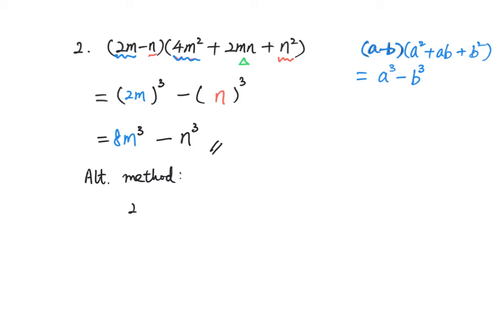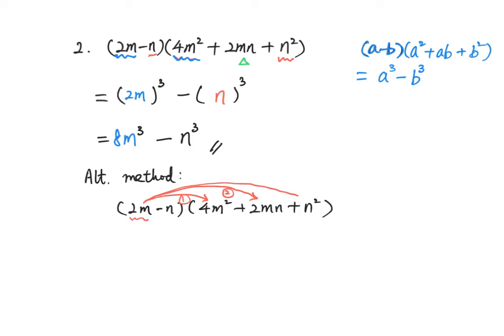So we have (2m − n)(4m² + 2mn + n²). We multiply each term in the first bracket by all the terms in the second bracket. The first term is 2m, multiply 4m². 2m multiply positive 2mn. 2m multiply positive n².